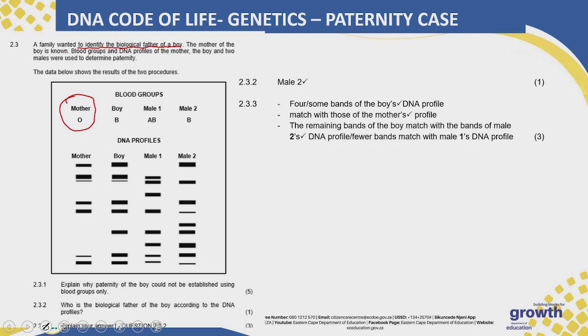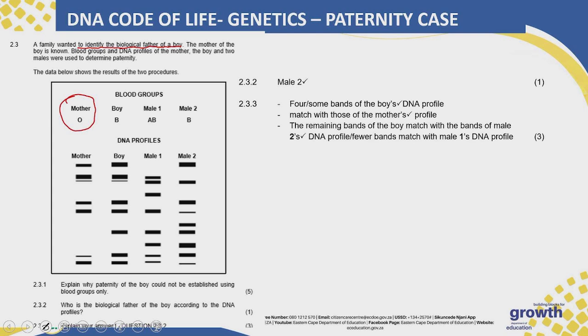So how do we find out from a DNA profile if a father is really a father of the child? We first have to compare the DNA bands of the child to the DNA bands of the mother. So we eliminate those that match.